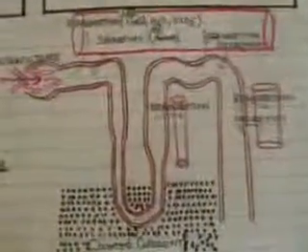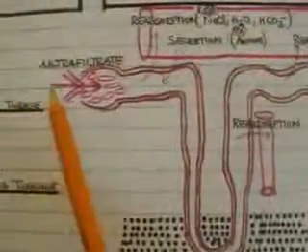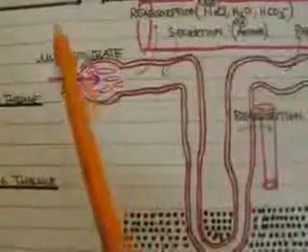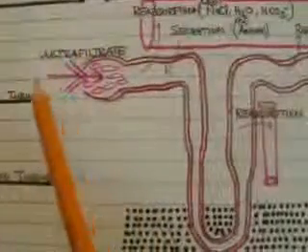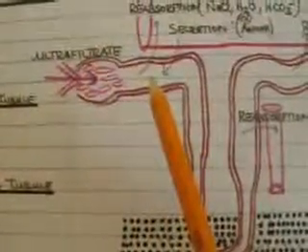And just as a quick review, we talked about the glomerulus creating the ultrafiltrate from the plasma, from the blood supply that's going to the kidneys. The renal blood flow goes through the glomerulus, or the Bowman's capsule, to create the ultrafiltrate.